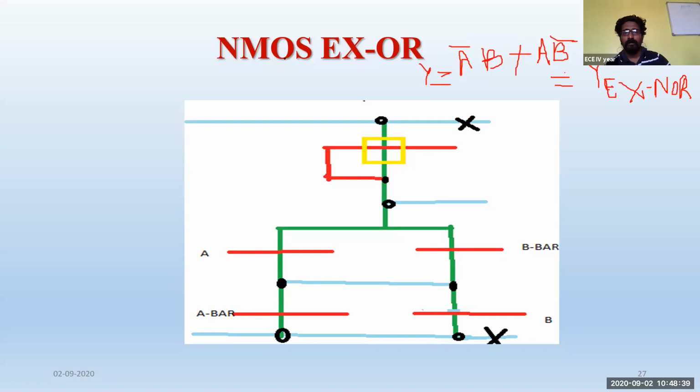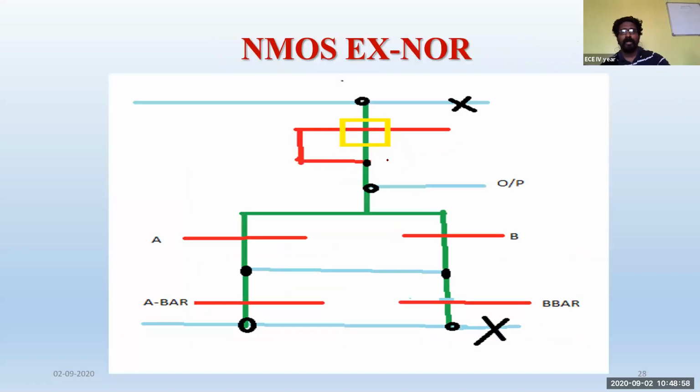So this is your stick diagram for your CMOS, NMOS XOR gate. This is for the XNOR gate, as per the expression, it is A B bar, and it will be A bar B.